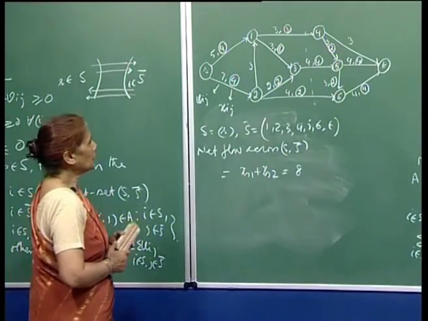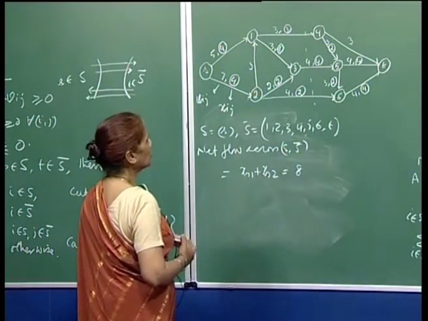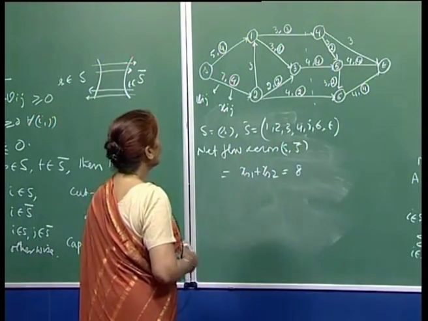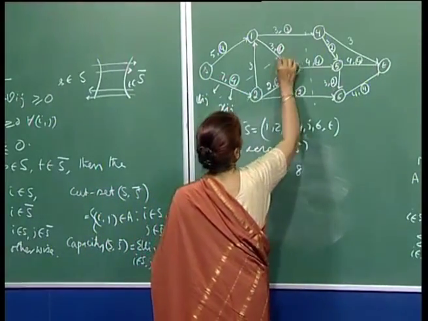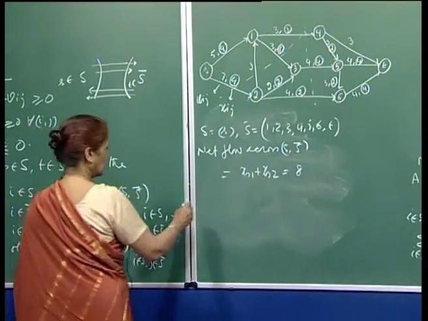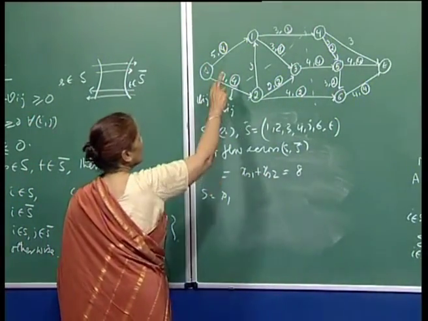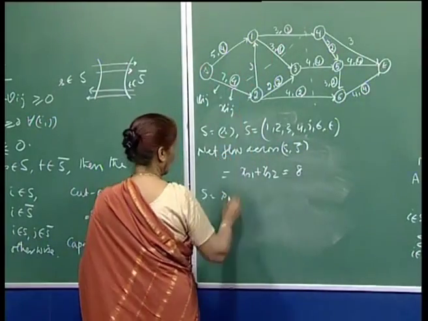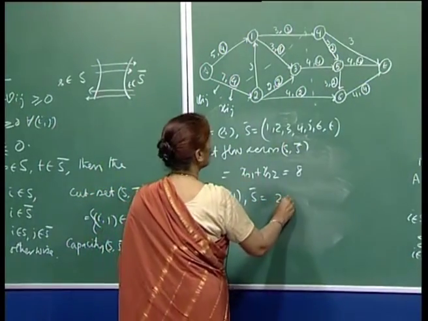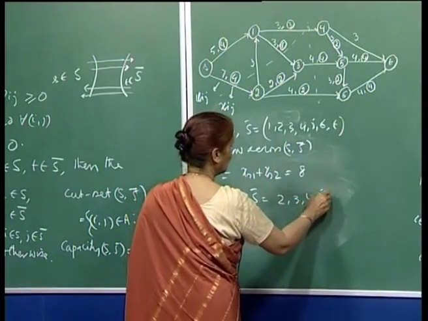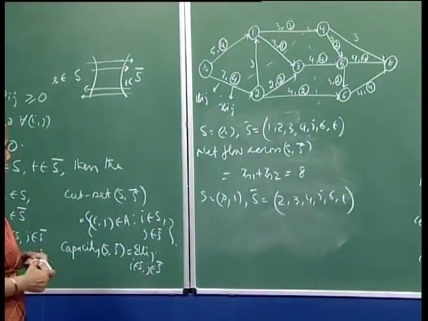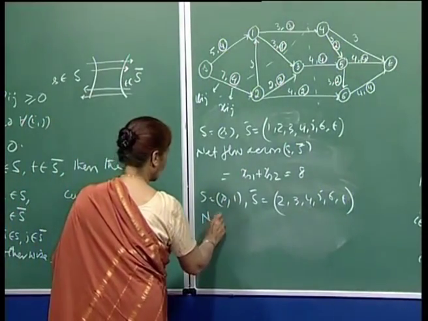Now let's choose some cut in which you have a backward arc. If I choose, for example, this cut, you have a backward arc here. So here S will be small s and 1, and that's it. Then S bar will be 2, 3, 4, 5, 6 and t. This is a cut, and let us see what is the net flow across the cut.